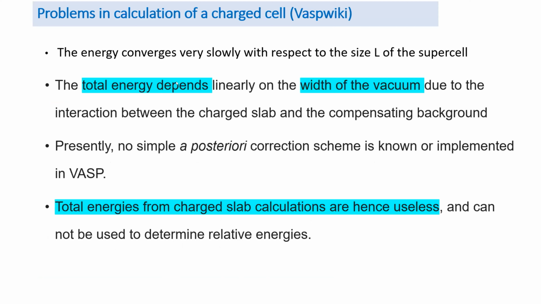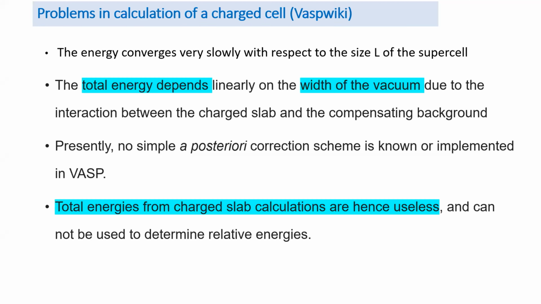And I quote from the VASP wiki, the VASP manual: if the number of electrons is not compatible with the number derived from valence and the number of atoms, a homogeneous background charge is assumed. And I go on quoting, the energy converges very slowly with respect to the size L of the supercell, and the total energy depends linearly on the width of the vacuum due to the interaction between the charged slab and the compensating background.